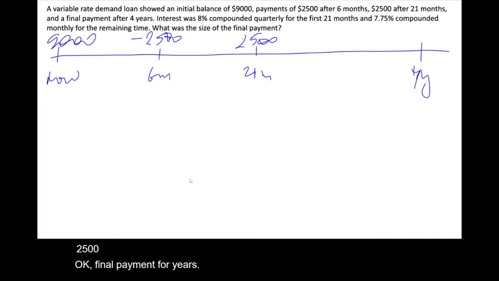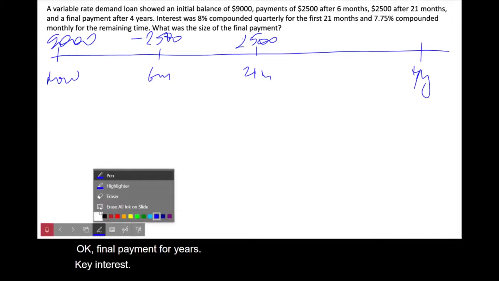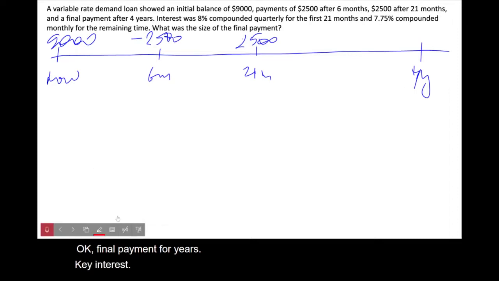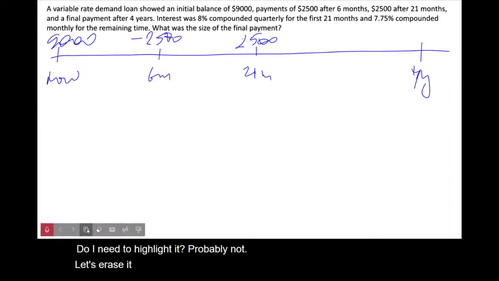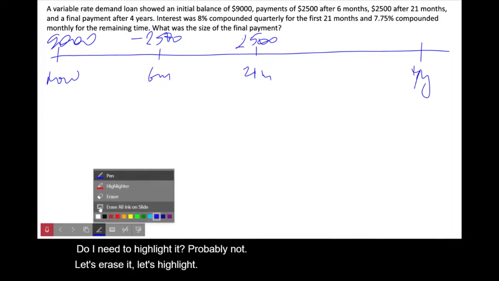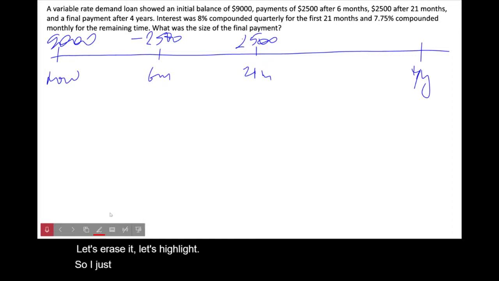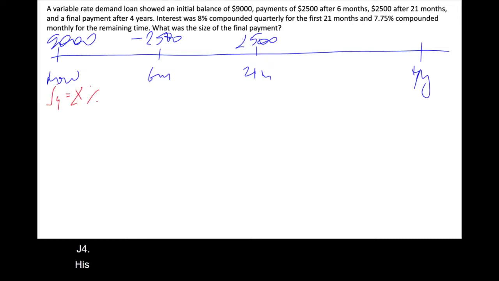Okay, interest. Let me put it this way. I highlight it. And actually, do I need to highlight it? Probably not. Let's erase it. So I just put J4 is 8%.